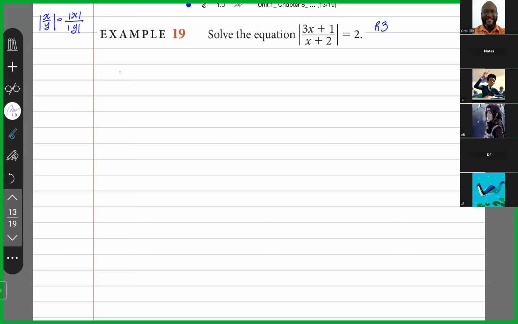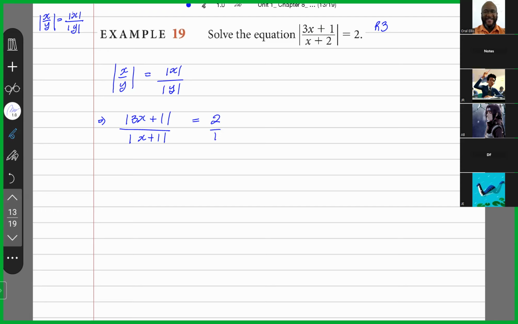And essentially, results 3 says that the mod of x over y is equal to the mod of x divided by the mod of y. So therefore, equation 19 becomes the mod of 3x plus 1 over the mod of x plus 2 is equal to 2.